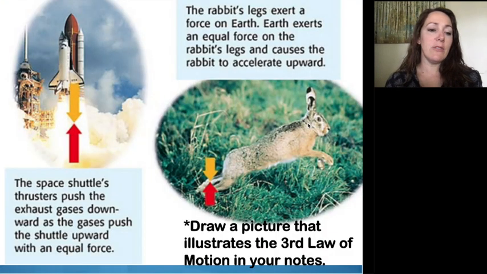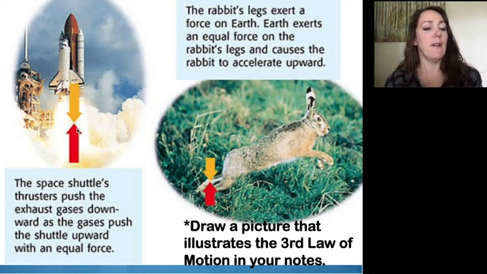So for example, if you look at the space shuttle here, going into space, you'll notice that whenever a rocket launches, they're thrusting out a lot of gas and flames and fuel. As it does that, these gases are pushing down on the Earth.